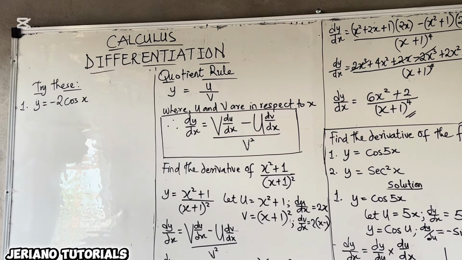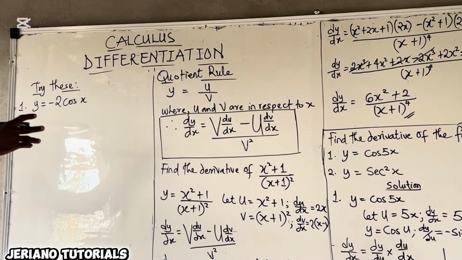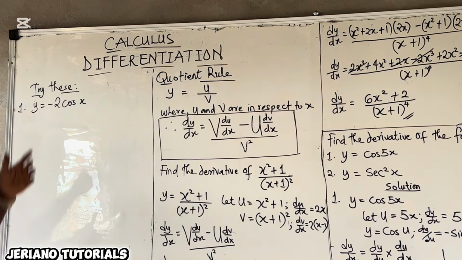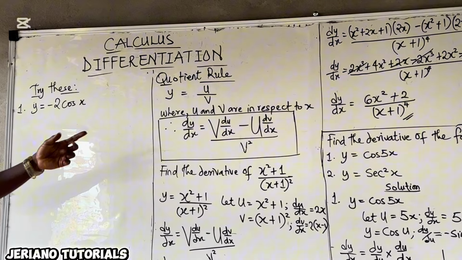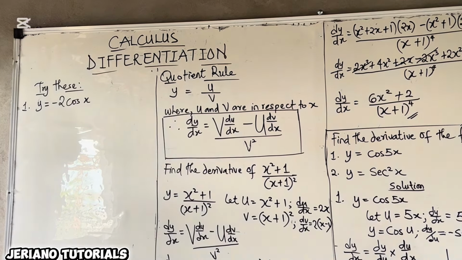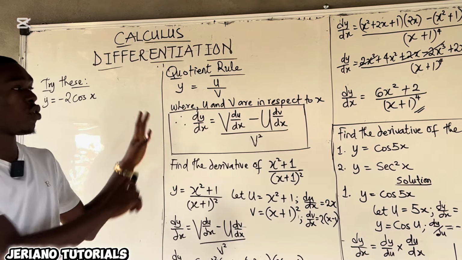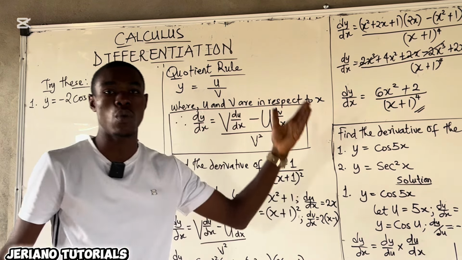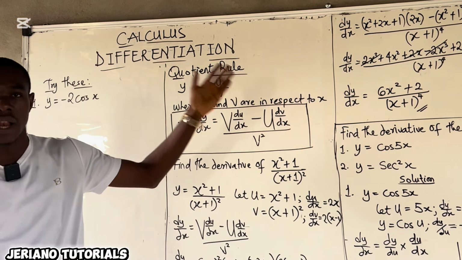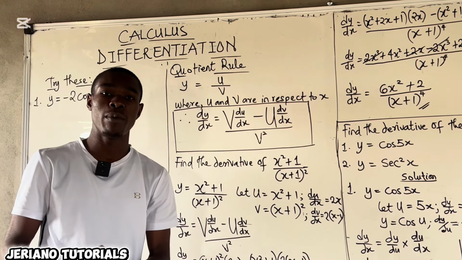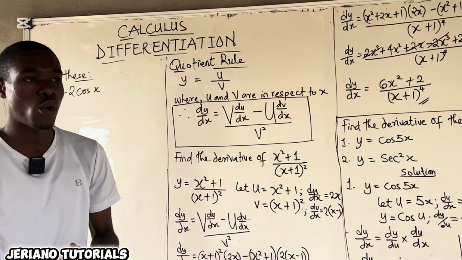I've also given you one other assignment on the chain rule. Also, if you have any question on what we've done so far, maybe any difficulty when you are solving, let me know in the comment section, so as for me to be able to attend to your question.